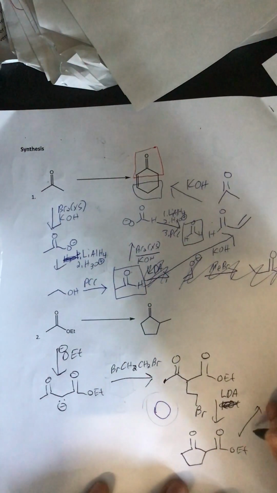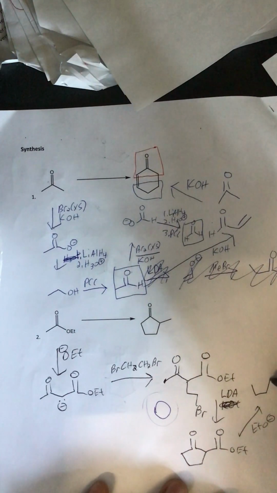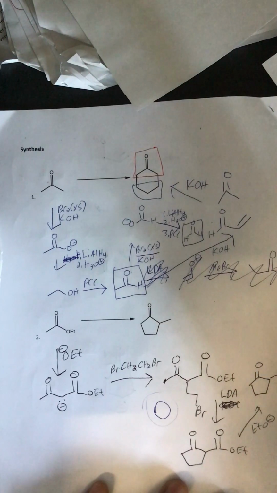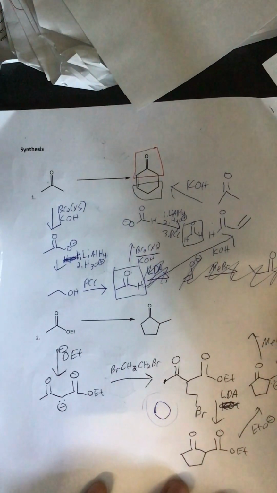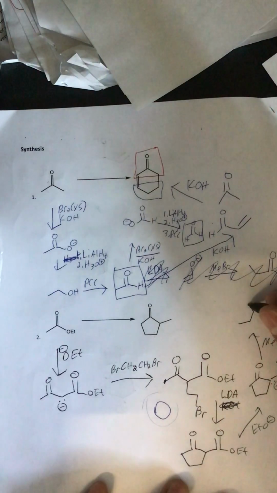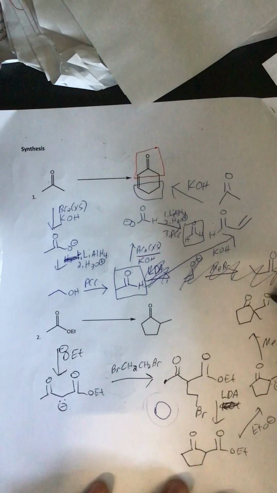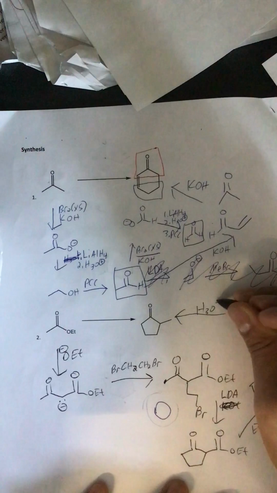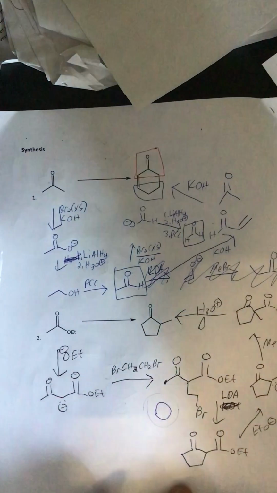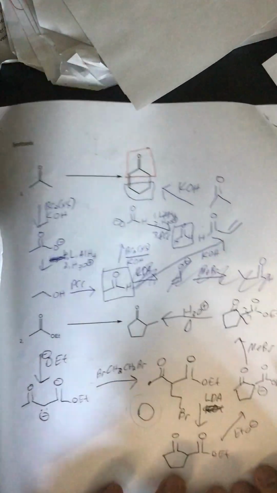From here, I can just use like an ethoxide. Here, and then I can just use like methyl bromide. And then I can just use H3O plus and some heat, and you'll decarboxylate that off. So there, that's how that works. And that's the end of this worksheet.